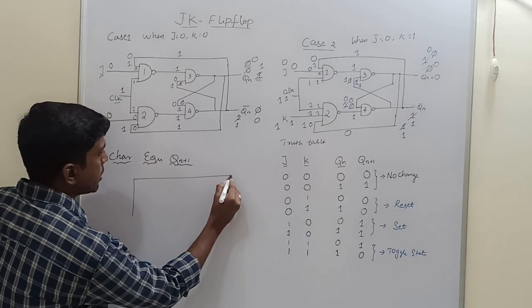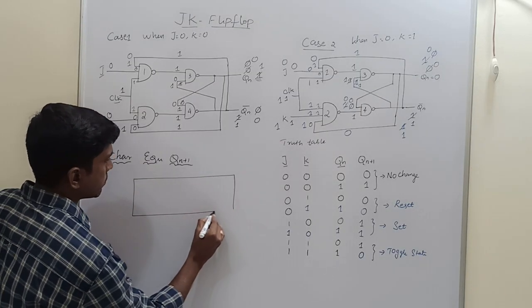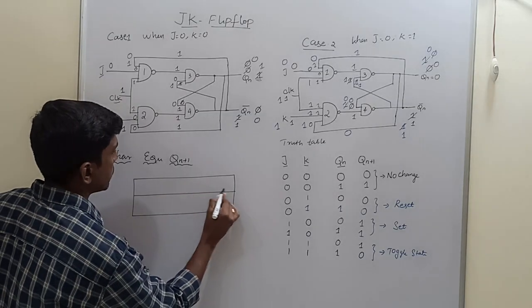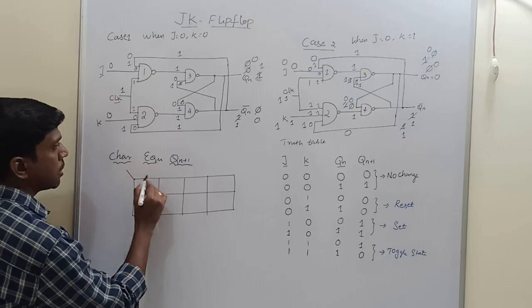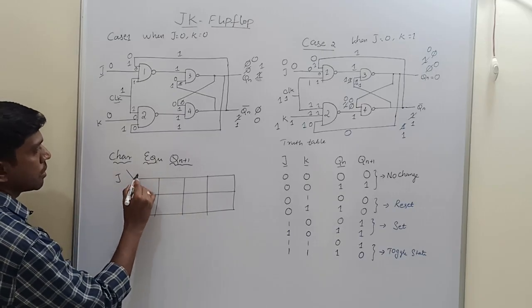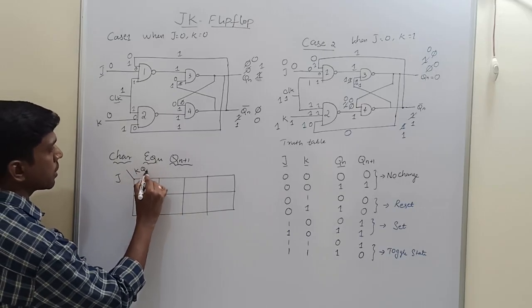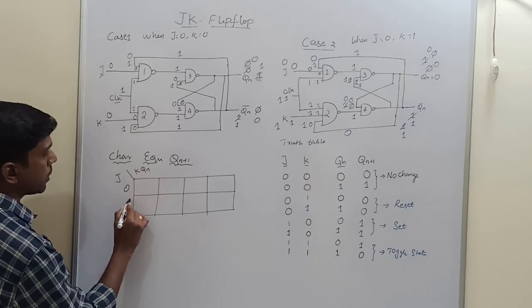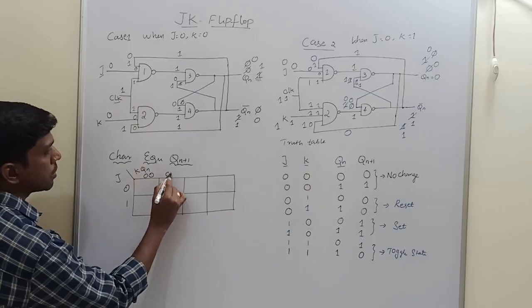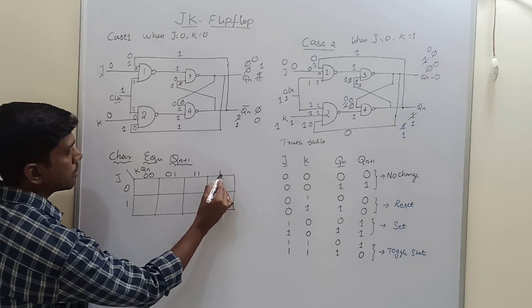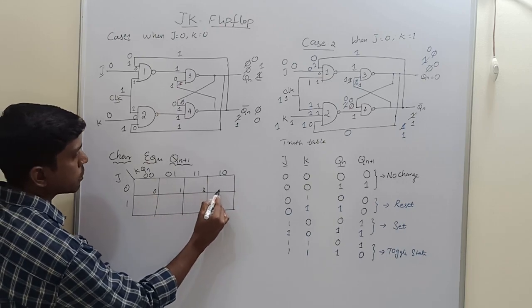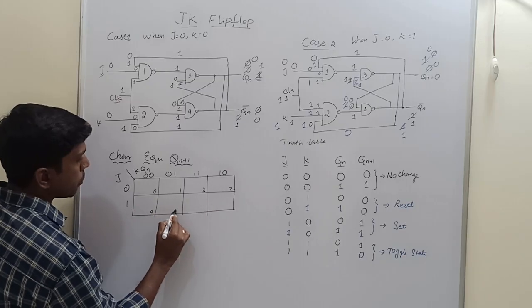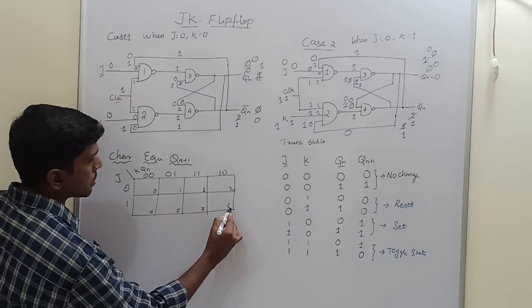I need 8 cells. Here vertical input is J, horizontal input is K, Qn. 0, 1, 0, 0, 0, 1, 1, 1, 1, 0. Internal cell numbers 0, 1, 3, 2, 4, 5, 7, 6.